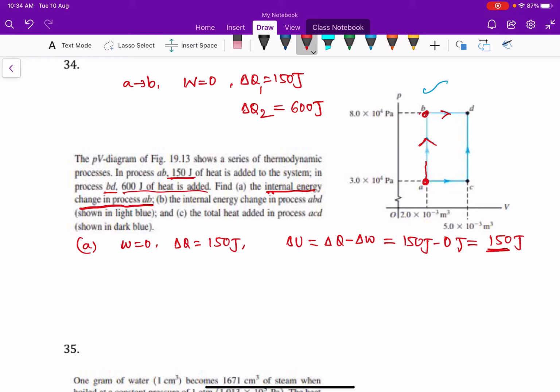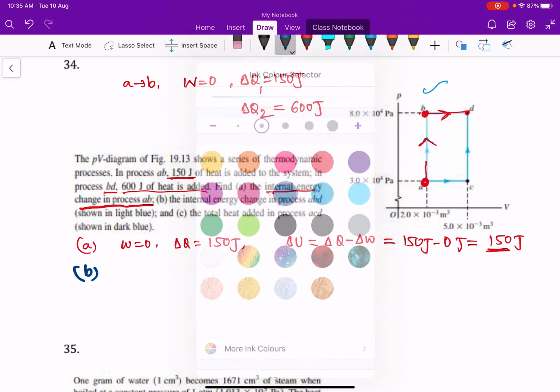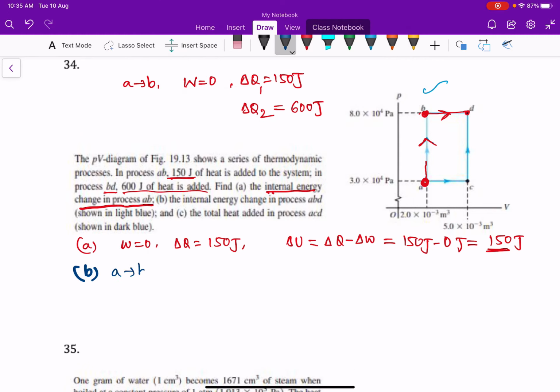And now the internal energy change in process ABD. What is the internal energy change in the process A to B and B to D? In this second case, A to B and B to D, the total amount of heat energy supplied is delta Q1 plus delta Q2, that is 150 plus 600 joules.